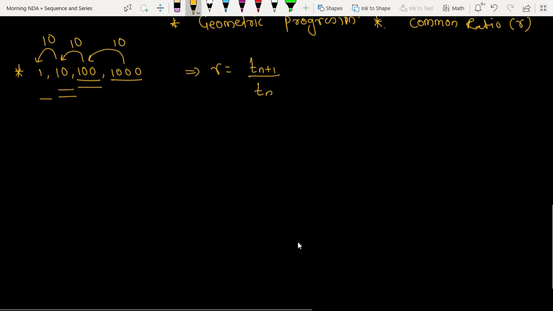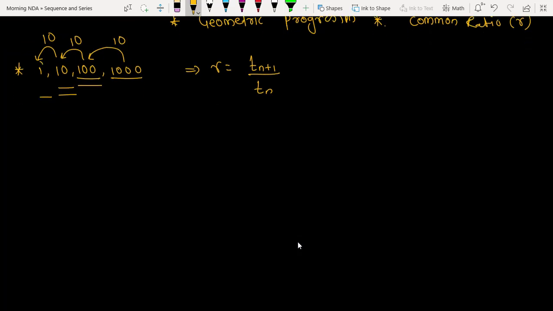Now as we all know, the first term of any progression we denote by A. In this progression, 1, 10, 100, 1000, 10,000, the first number A is 1, and the common ratio is 10.